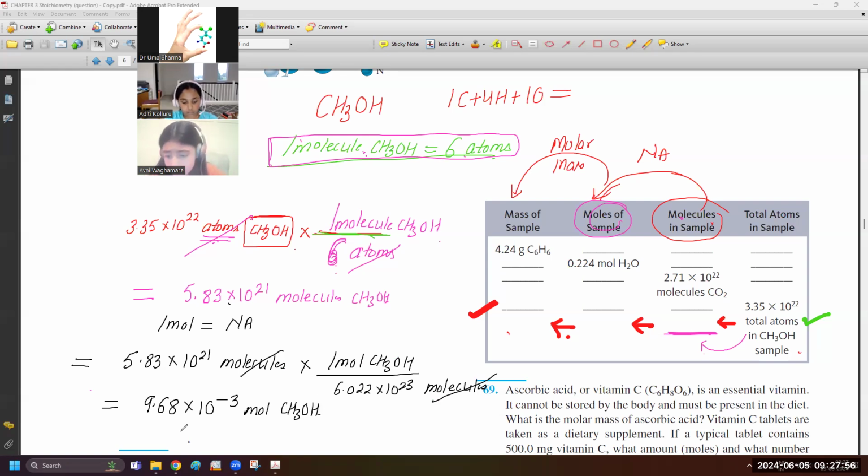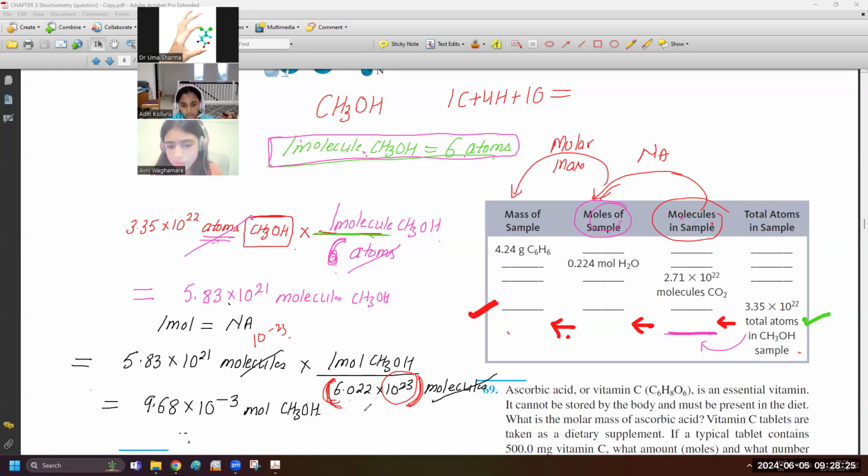Are you getting the same answer? Check. Oh, come on, dear Avni. You have to plug in this in the parentheses. When it goes in the numerator, it should become 10 raised to a minus 23. So in the calculator, plug in the parentheses this complete number. That is the reason I'm asking you. Please get your calculators fast and start practicing.